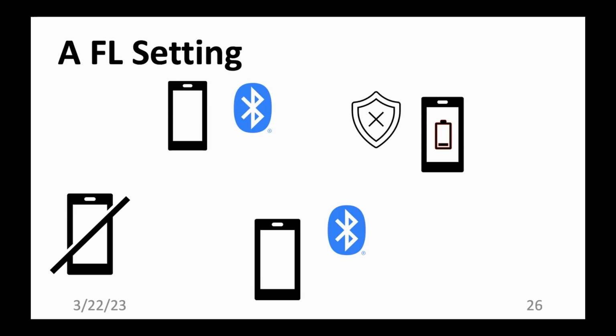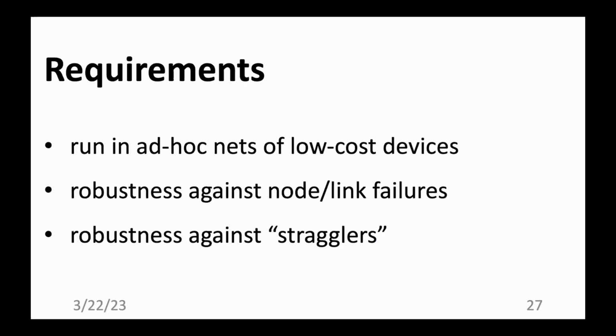So consider a federated learning application being an app that runs on a smartphone, and the links in the empirical graph are Bluetooth connections between smartphones. Sometimes you might not have a connection and might not be able to exchange messages between the nodes in the network, and sometimes also the nodes themselves might fail because you're out of battery on your smartphone.